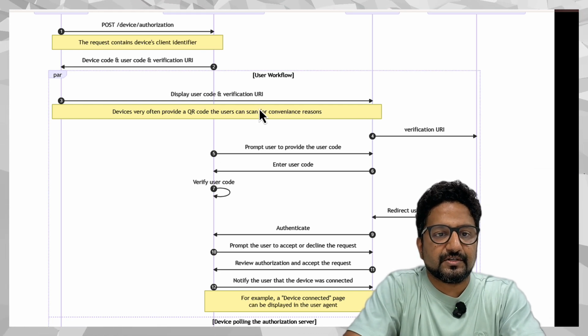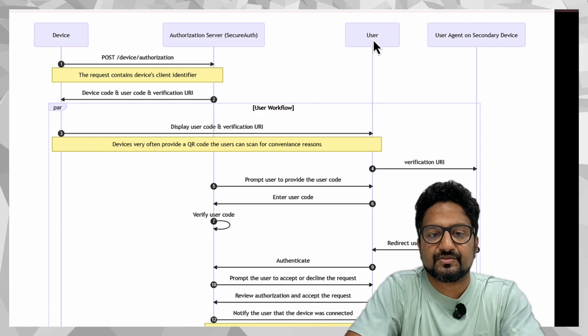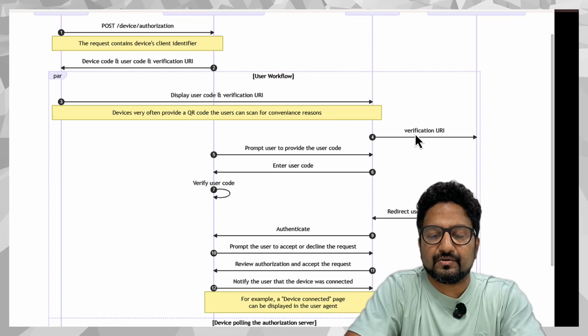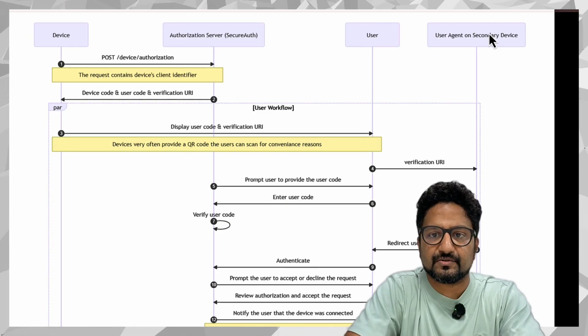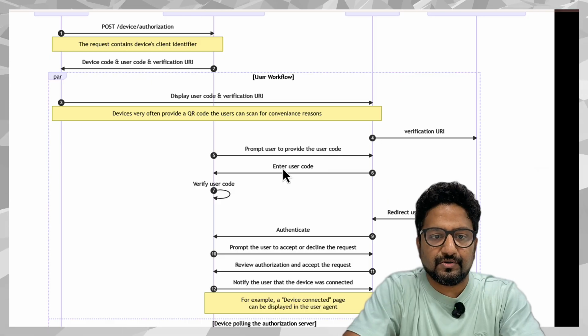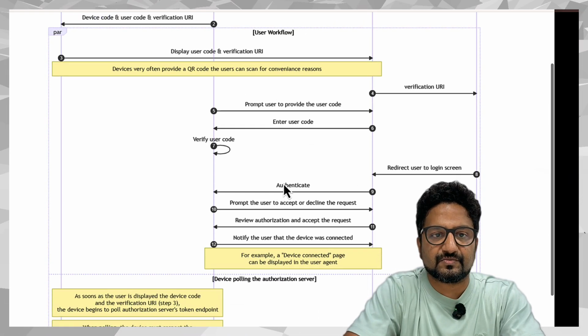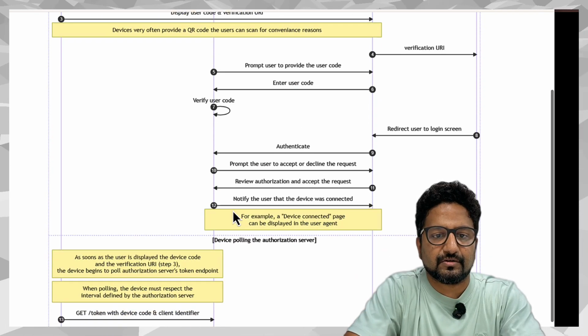So that's what this flow is showing, that once the hacker has tricked this user to go to this verification URL, they will key in the code, they will launch the URL on their mobile device or laptop, which is approved by their company typically. Now they will key in the code. After keying in, they will be sent to the login screen. The Salesforce login screen comes into play. It's talking to the auth server.